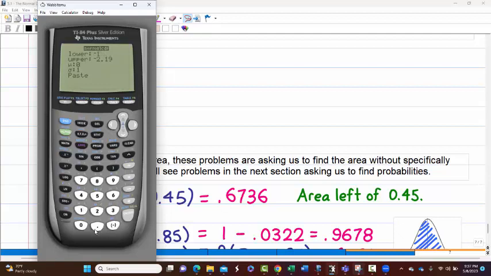Negative 1.47, 0.68. Zero, 1, that's perfectly fine right there. Actually, since it's hard to see that, let me snip this part out because you can't see it.